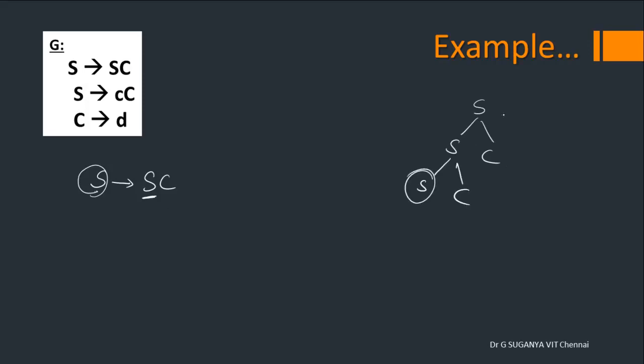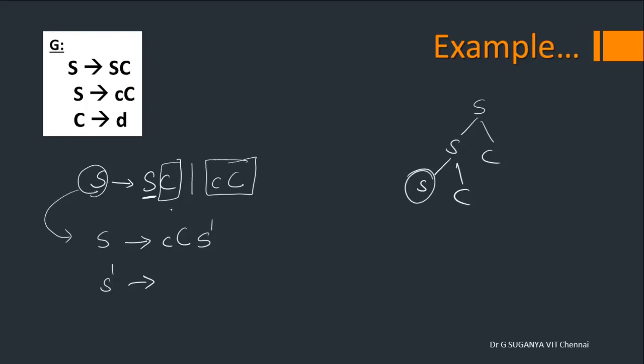It will never stop. So when you want to stop, what to do? Write down the S alternates. There are two alternates actually, SC and CC. Pick up the alternate that doesn't start with the same non-terminal. So this has to be replaced by S gives CC followed by a new non-terminal called S dash, where S dash gives the rest of the part, which is capital C followed by S dash, or epsilon.